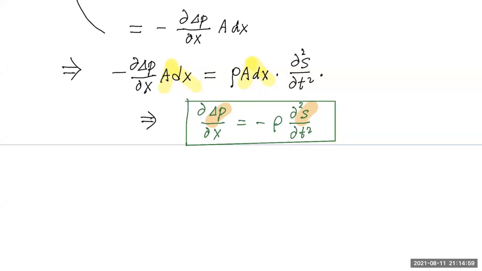All right. So what's that other equation? Well, look, I said delta P and s are related. The reason why there's a delta P in the first place is because there are movements of the left and right edges of this column. And if they move by the same amount, if s on the left and s on the right are the same, then delta V is 0, therefore delta P is also 0.